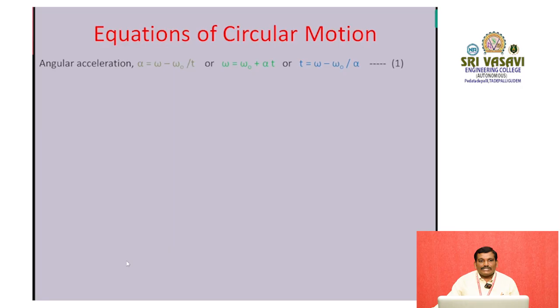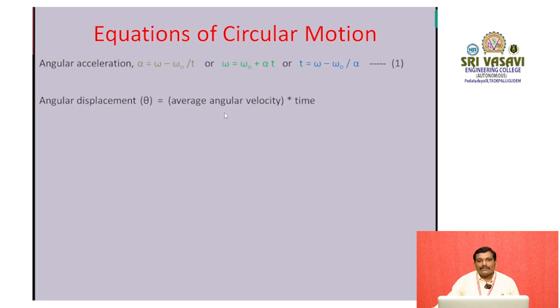And coming to the equations of circular motion, in the first equation, angular acceleration alpha is equal to rate of change of angular velocity by time, that is omega minus omega naught by t. Here omega is equal to omega naught plus alpha t, or t is equal to omega minus omega naught by alpha.